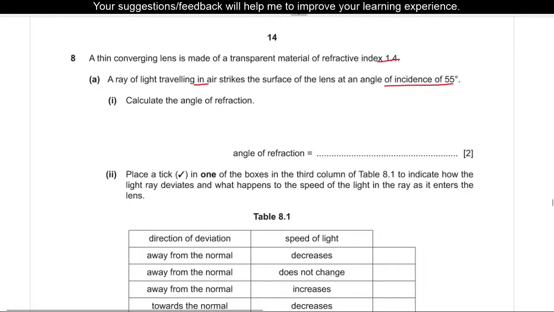So whenever light travels from air or vacuum to an optically denser medium, then we know that sine of i over sine of r is equal to the refractive index of that material. So we will just write here sine of 55 degree as it is given, divided by sine of r, we have to find r, is equal to 1.4.